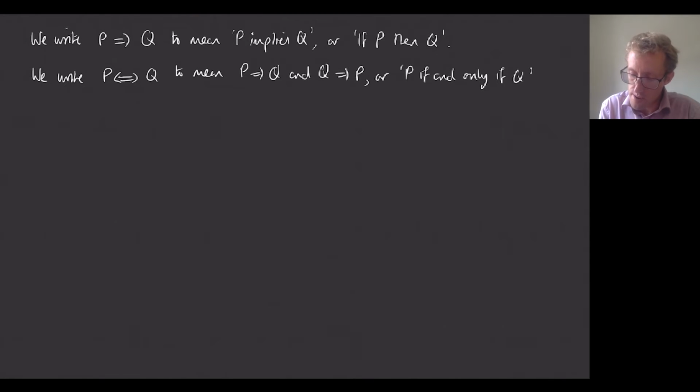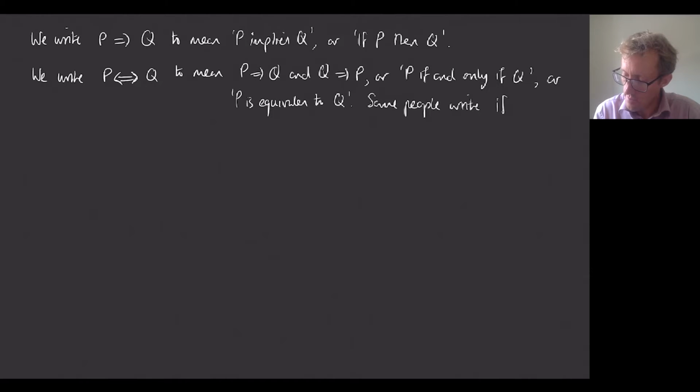Another way that I sometimes read this double-headed arrow is P is equivalent to Q. And sometimes I find it more convenient to read it that way. If and only if, some people shorten to IFF. I don't tend to do this, but some people write if and only if as IFF.